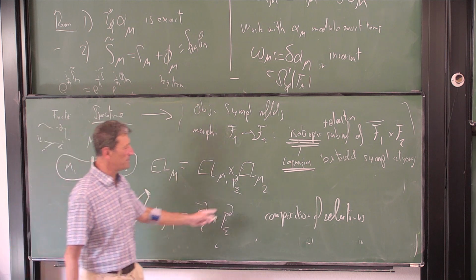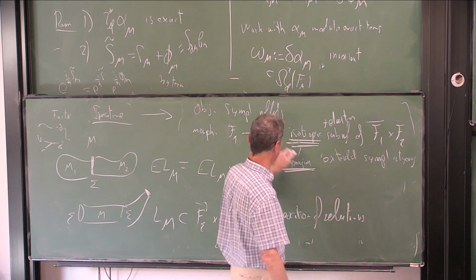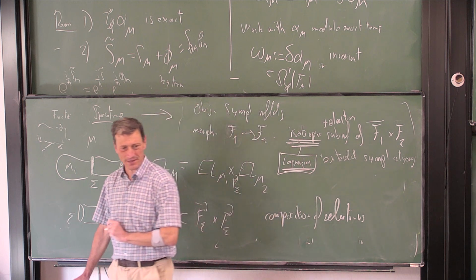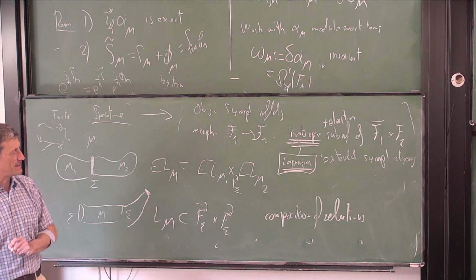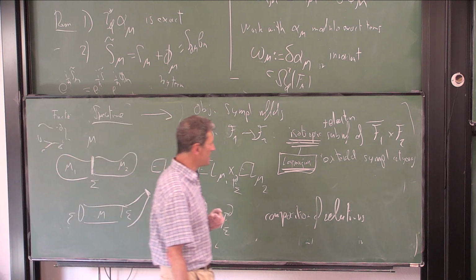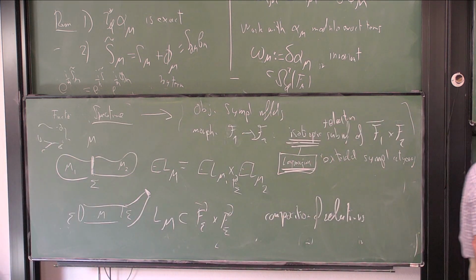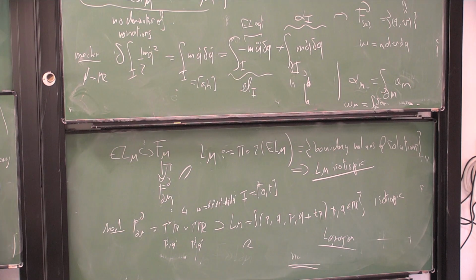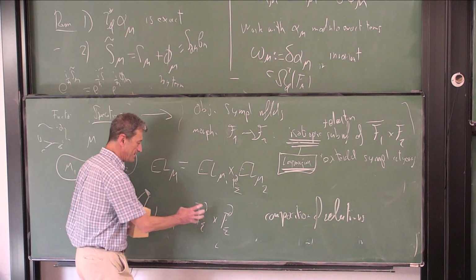Next time we'll quickly finish this part and tell you why you want this to be Lagrangian, not just isotropic. One thing that we'll see is that there is a difference between the degenerate and non-degenerate theory, in the sense that in non-degenerate theory, when you project these relations to one of the two factors, you get the whole factor.